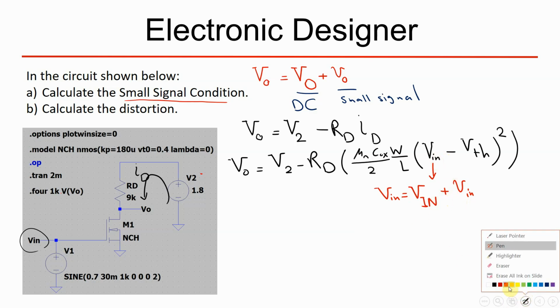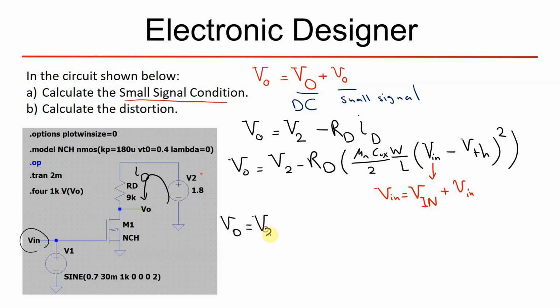Okay, so here we have VO equals V2 minus RD mu n C oxide W over L, all divided by 2, times V in.